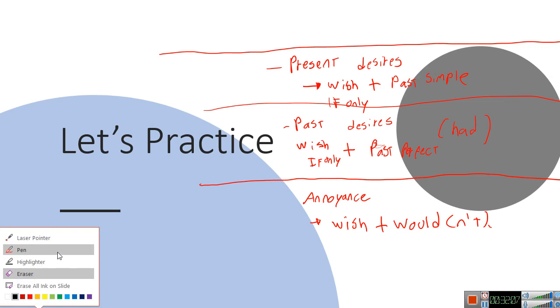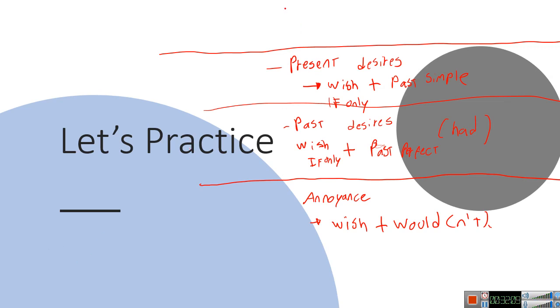Both. For past desires, wish or if only plus past perfect, had. That's right.